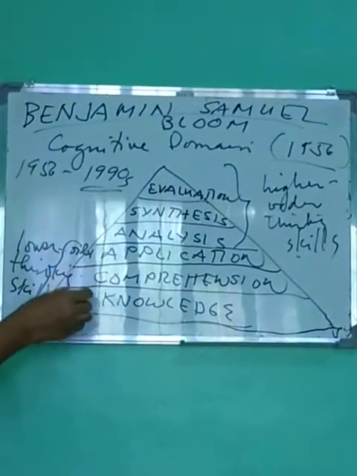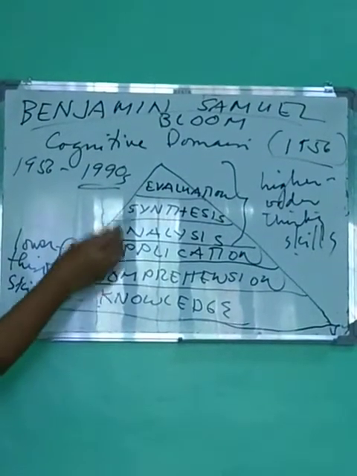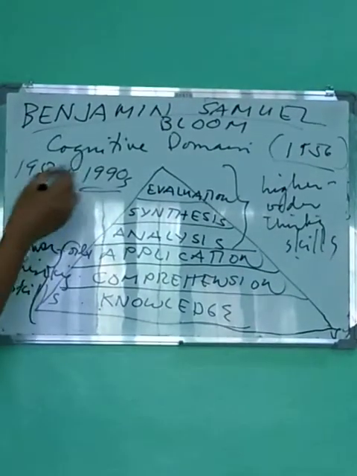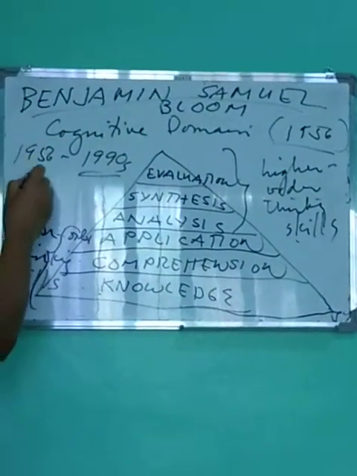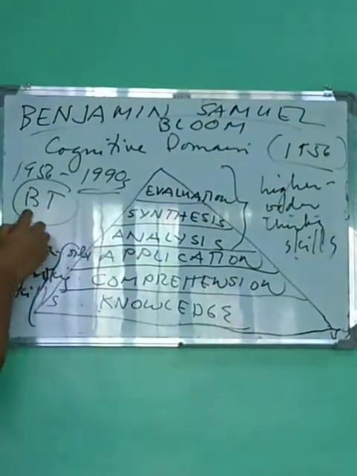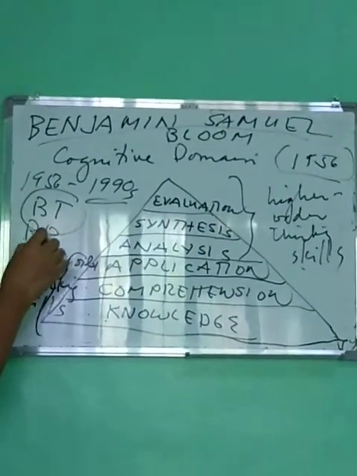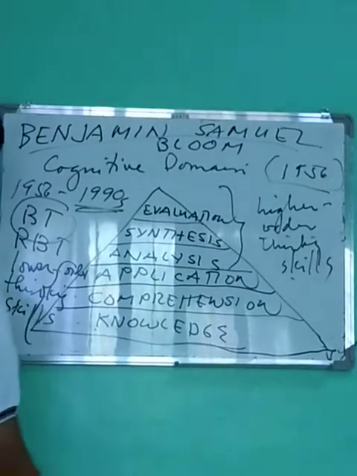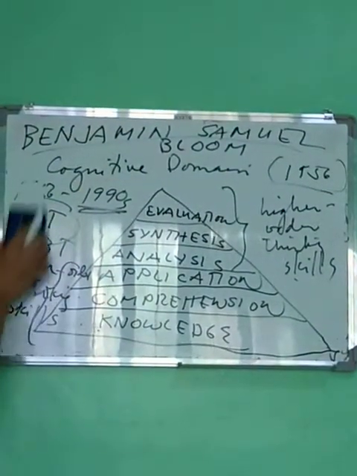Instead of having these abstract nouns, this is what we call Bloom's taxonomy, originally called the Bloom's taxonomy, it's now called the revised Bloom's taxonomy. That was in the 1990s. And where do we find the change?